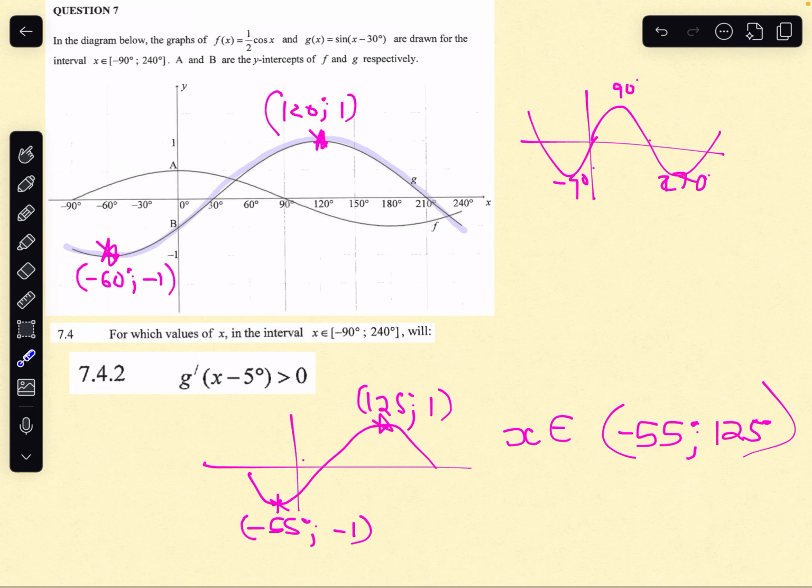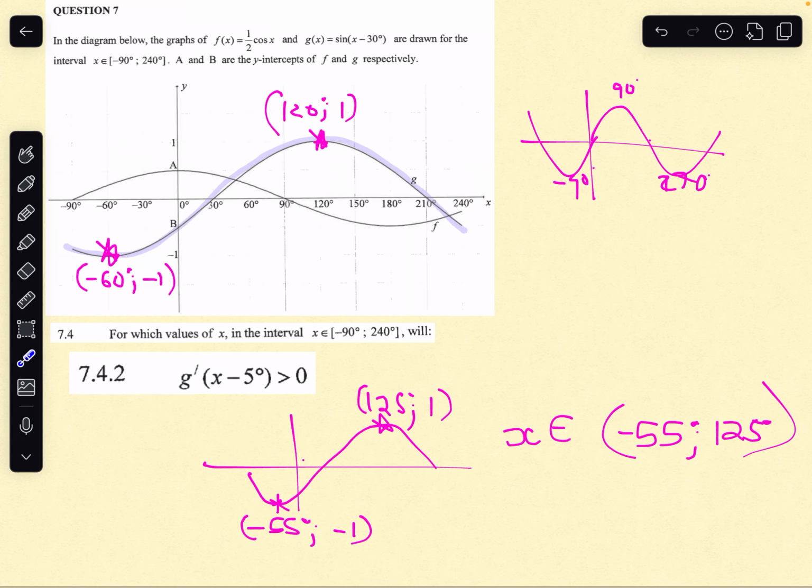So I think a quick way that we can test this is to look at what's happening to the value of the function just before minus 55, just after minus 55, just before 125, just after 125. If just before minus 55 we get a higher value than at minus 55, that's promising, and just after minus 55 we get a higher value again.